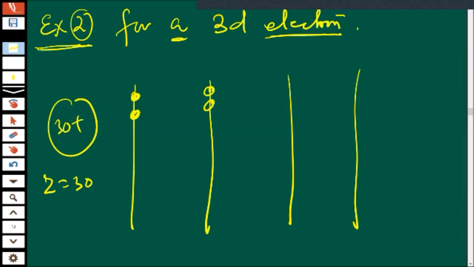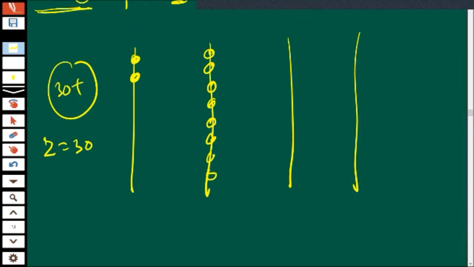In second orbit, 8 electrons are there. In third orbit, 18 electrons are there. And here 4 electrons are there.